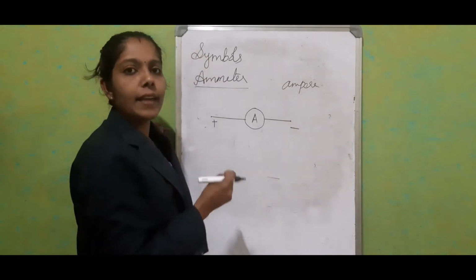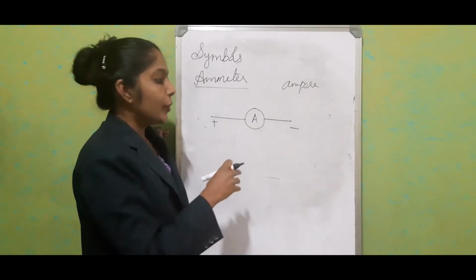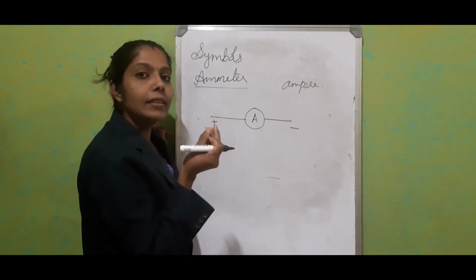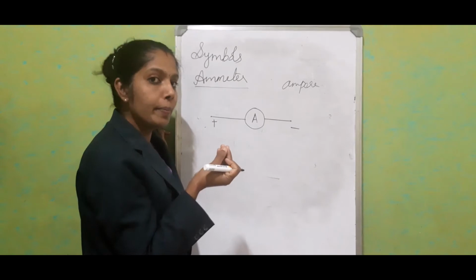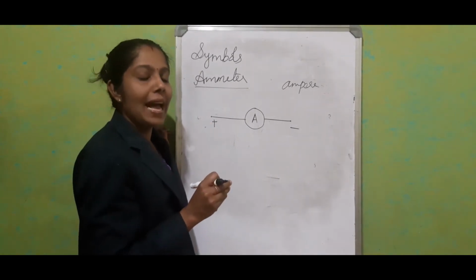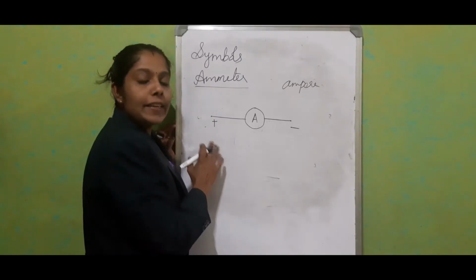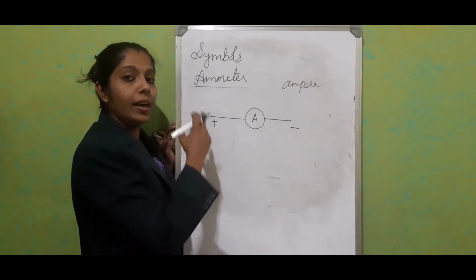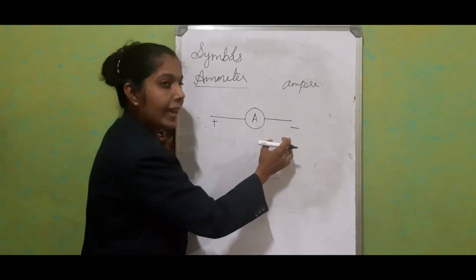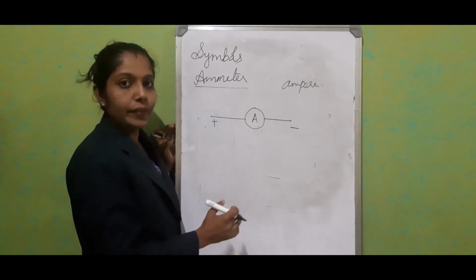The positive side has a knob, represented with the color either red or brown, and the negative knob is represented with the color black. The positive side is always connected to the high potential or positive side of the source, and the negative side finally has to connect to the negative end of the source.